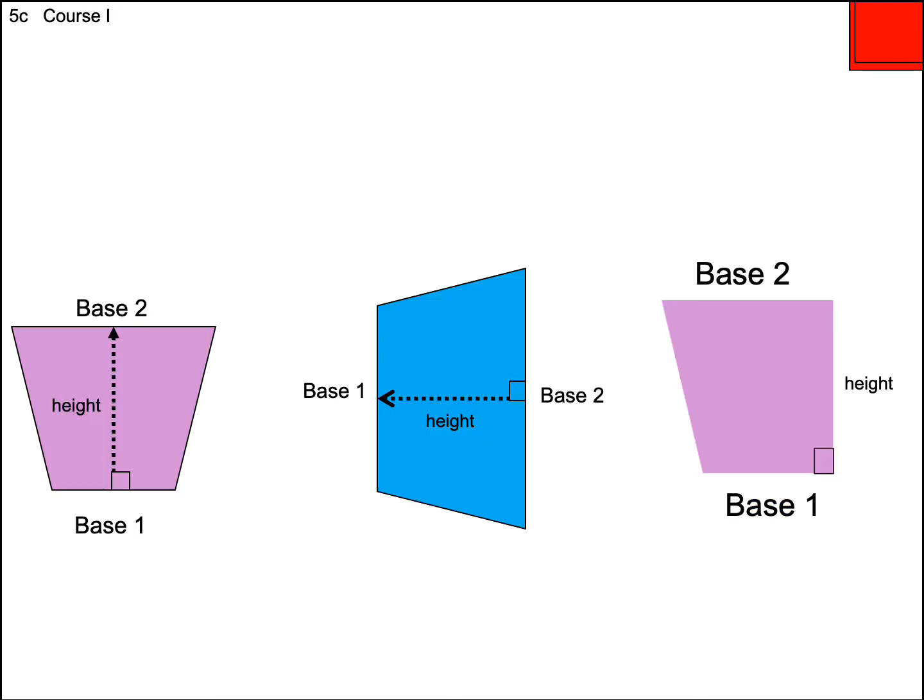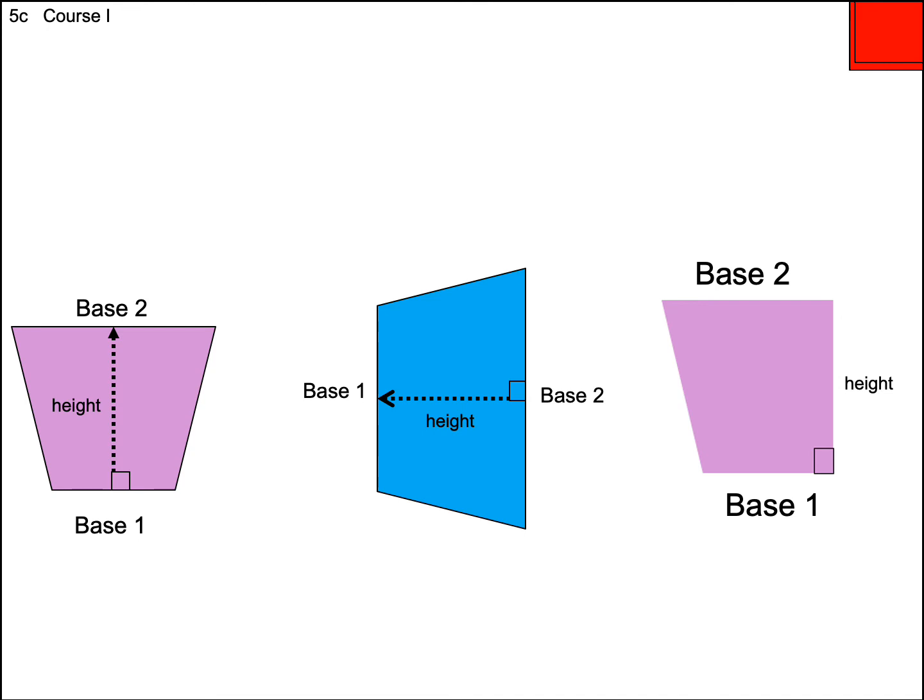Okay, so the first thing we're going to do is look at the different flavors of trapezoids and see what the bases and the heights look like. Notice the one on the left. That's your standard one, where the top and bottom are your two parallel sides. One's called base 1, the other base 2, and the distance between the two is called the height. That's the typical one that you'll see. The middle one is where the two parallel sides are left and right, but still, it's the same thing.